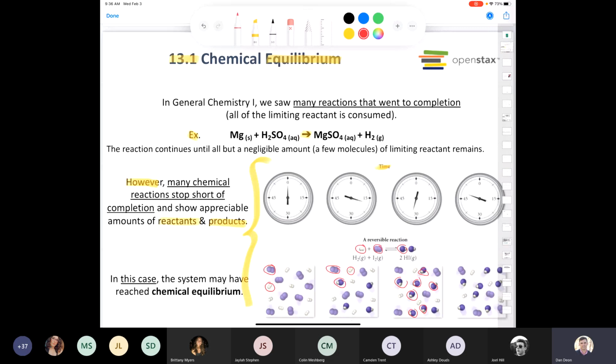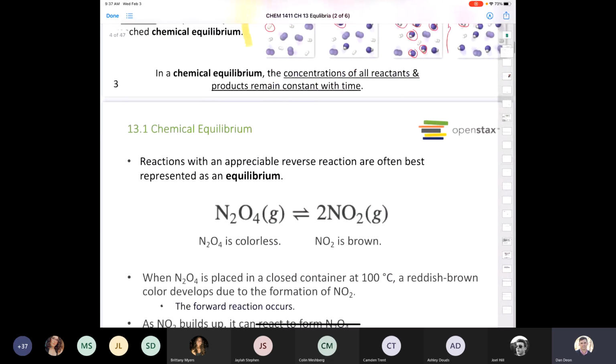And then eventually it gets to a point after a certain amount of time where we end up with a mixture of I2, H2, and HI, all in appreciable amounts, but no more reaction is going to occur. So what am I saying? That no more H2 and I2 are going to disappear, and no more HI is going to appear. So we're not going to form any more products, and we're not going to consume any more reactants.